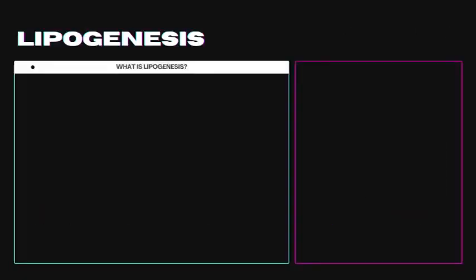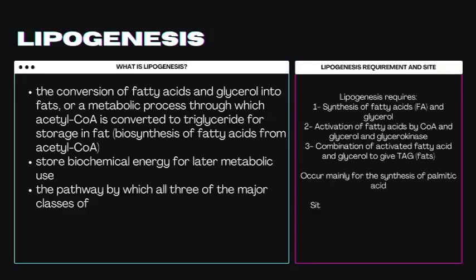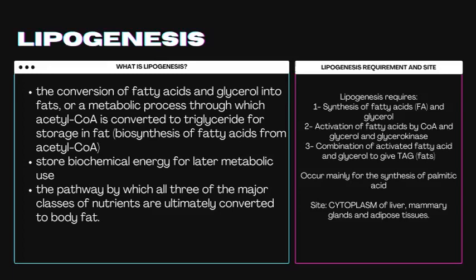What is lipogenesis? Lipogenesis is the conversion of fatty acids and glycerol into fats, or a metabolic process through which acetyl-CoA is converted to triglyceride for storage in fat. Simply, it is the biosynthesis of fatty acids from acetyl-CoA.